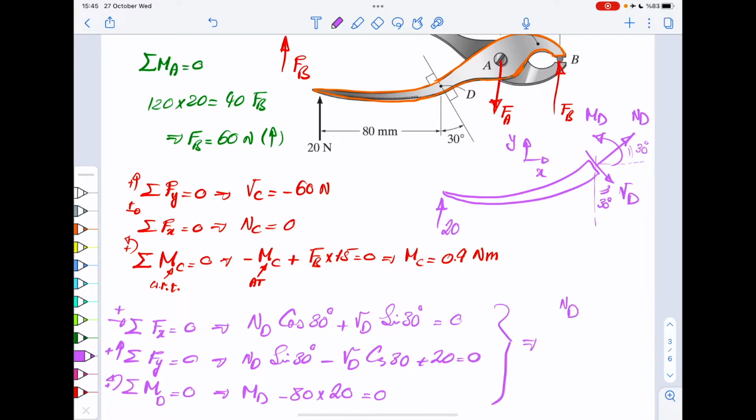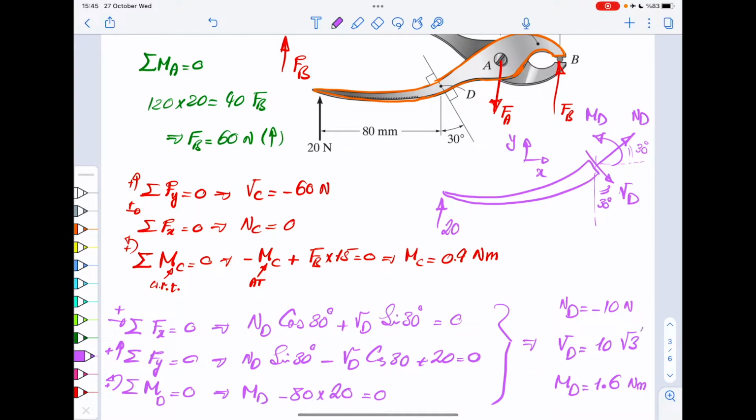So ND would be minus 10 Newton. So minus means that it's going to be actually compressive. And VD would be, let's say, 10 square root of 3, and then MD would be 1.6 Newton meter.